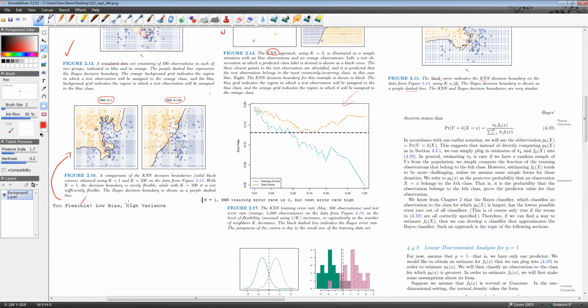Remember what we mean by flexibility, high flexibility versus low flexibility. If it's too flexible, generally it has low bias. Now remember what we meant by low bias. It means for this particular data set, it's not doing too bad, right? Because it's getting out all those intricacies. So it's not very biased, and that would be analogous to that situation that I keep drawing.